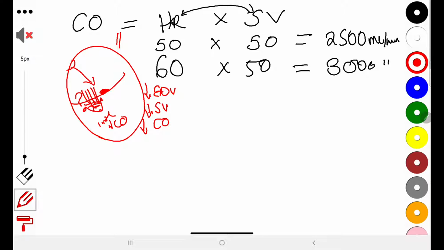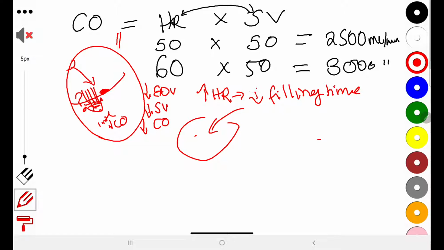I'll say that again. Because you have an increase in heart rate, at first you will have increased cardiac output. But as time goes on and the heart rate keeps on being high, you're now going to reduce the filling time of the ventricle. If you're reducing the filling time of the ventricle, it means the ventricle is not receiving enough blood.